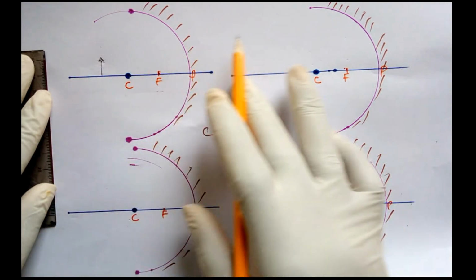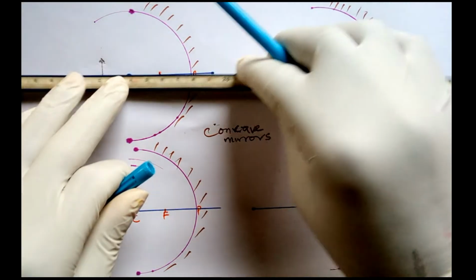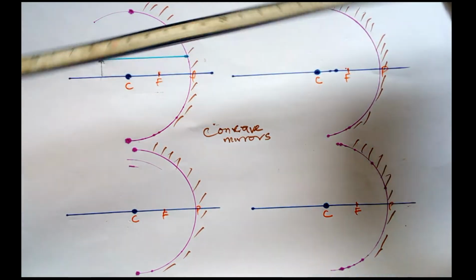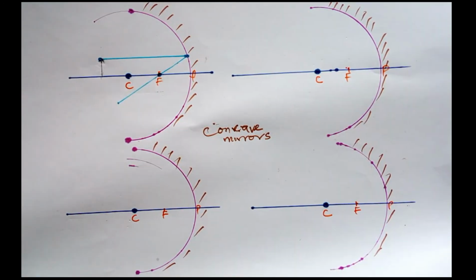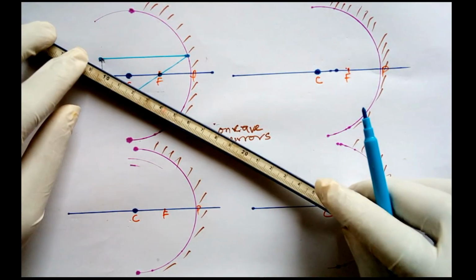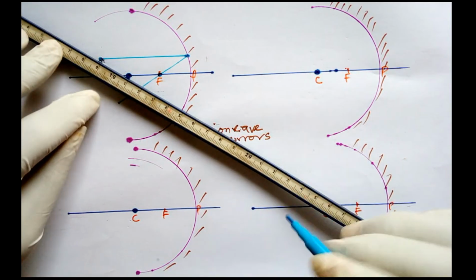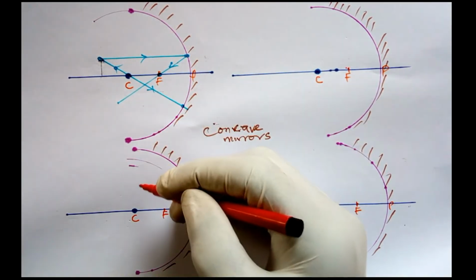Following the first rule, the ray parallel to the principal axis, after striking the mirror, will reflect and cut through F. The second rule says that the ray will pass through C, then strike the mirror and come back along that same path. This point of intersection is where the image is being formed.